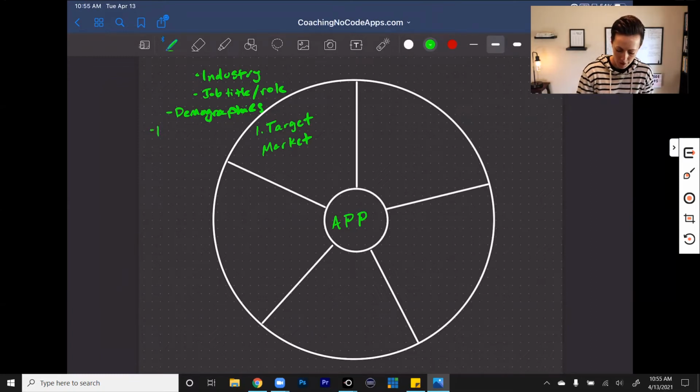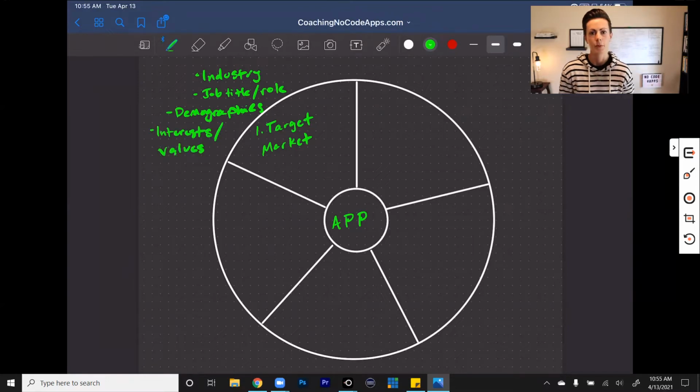You can also look at things like interests or values. So, a lot of people when they're trying to really nail down their target market, they're trying to fit into an industry, they're trying to fit into users with certain job titles or something like that because they feel they need to. You don't have to define it in that way if that doesn't fit your app.